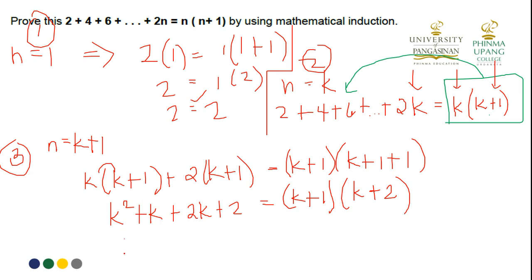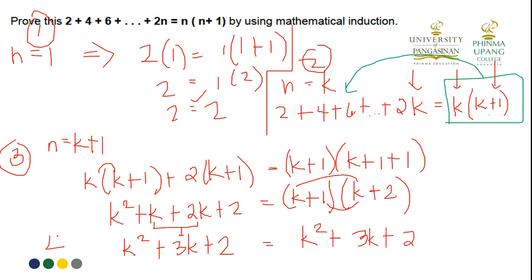So, adding like terms, this is k squared plus, ilan to? 3k plus 2. Nasundan nyo yung left side? Kasi itong k plus 2k is 3k. Tama? Shortcut natin to, k squared plus 1k plus 2k, di ba 3k? Tama?